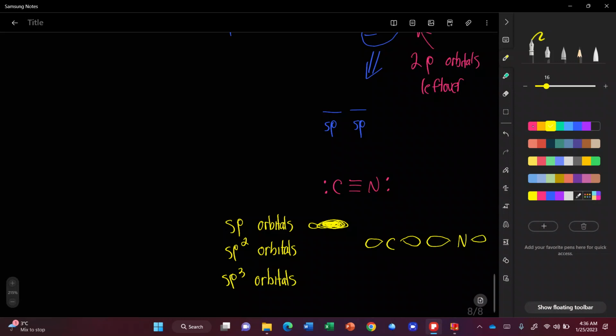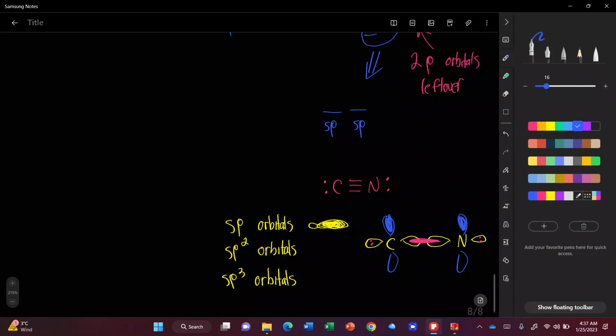Hopefully you guys can see this lone pair is going to be in that sp orbital. The nitrogen lone pair is going to be in that sp orbital. And these two sp orbitals give me my first sigma bond. But if you remember, because it's only sp hybridized, both the carbon and the nitrogen have two p orbitals left over. The carbon has a py left over, and the nitrogen also has a py left over.